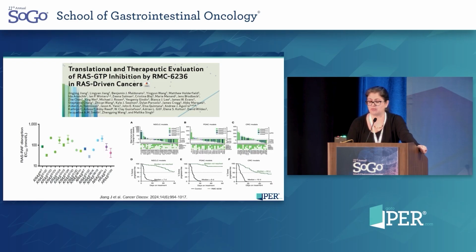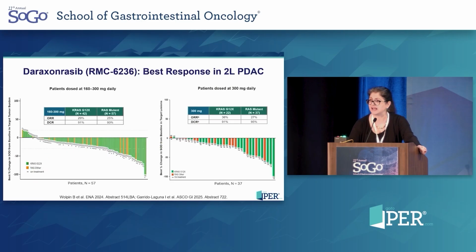And then to the right, you have the different models for lung cancer, colorectal, and pancreas. This is data for second-line treated pancreatic cancer with daraxonrasib, with response rates of about 30%, and disease control rate above 90% in pre-treated patients.